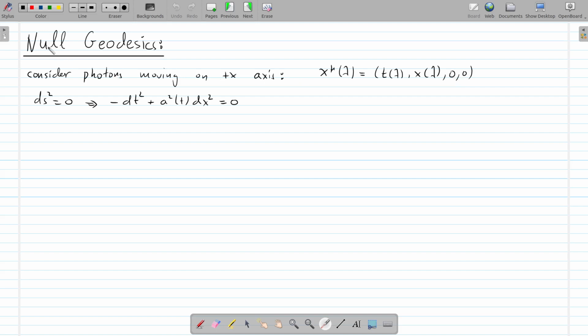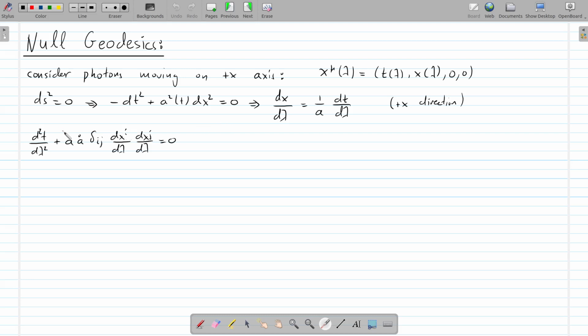So since geodesics are null, ds squared vanishes, so minus dt squared plus a squared dx squared must be equal to 0. So we can solve for dx/d lambda, that is equal to 1 over a dt/d lambda. You see we chose the plus sign because we consider motion of photons along the plus x direction. If you want the minus x direction, just choose the opposite sign.